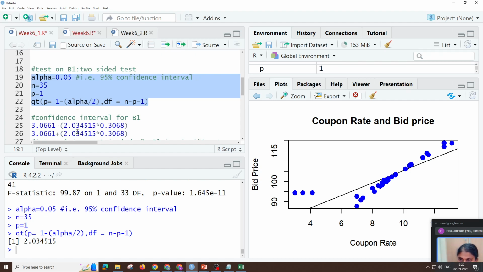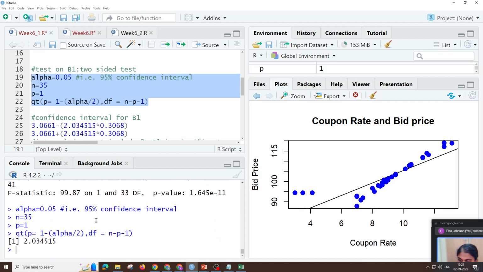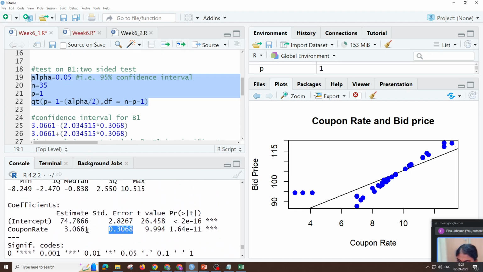So this is the value for 95% confidence interval. So the confidence interval for beta 1 will be, you found out the estimate is this much, right? And this is the standard error. So how to find this error with this error? You have this variance for beta 1.